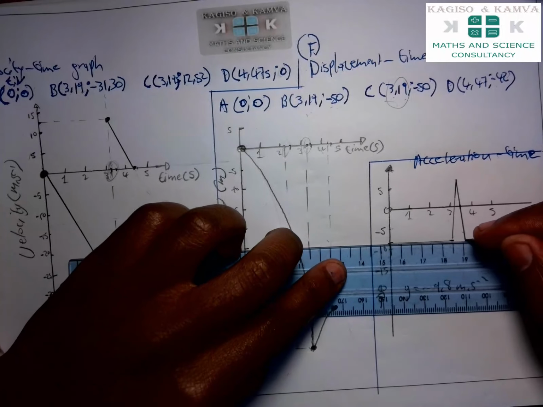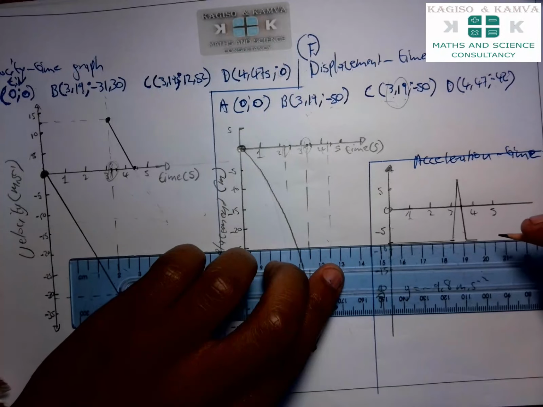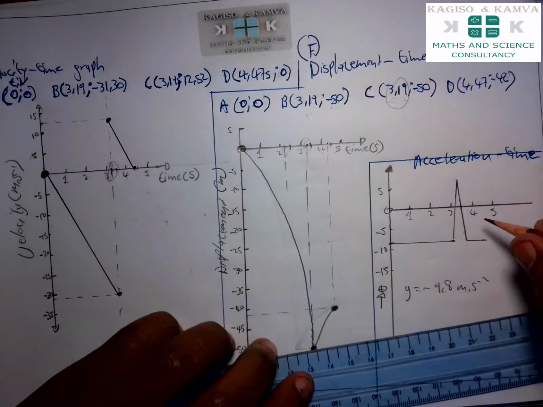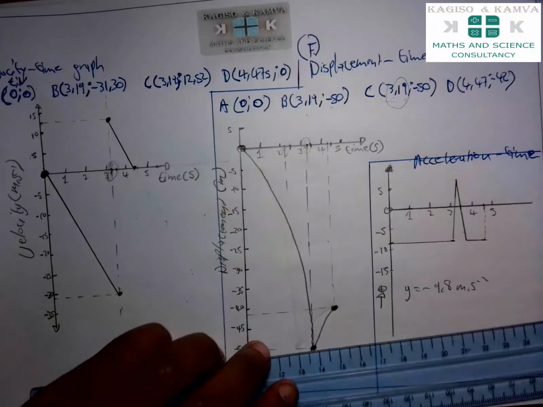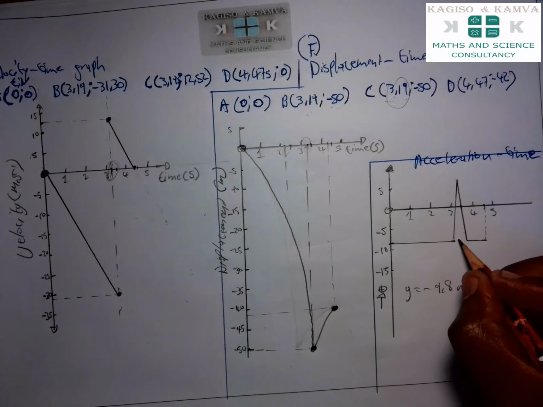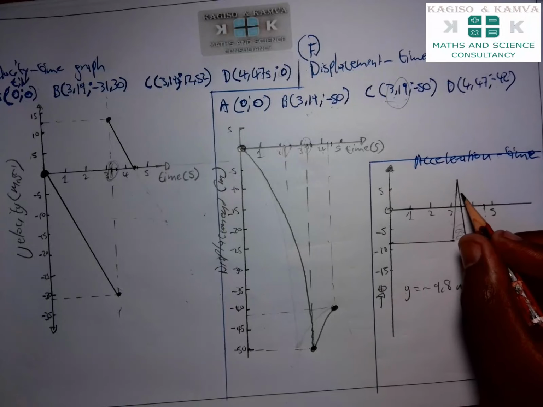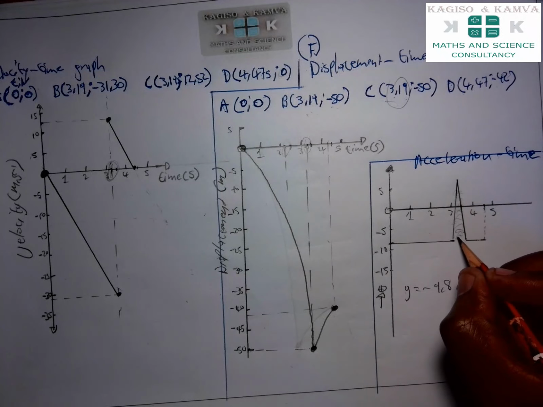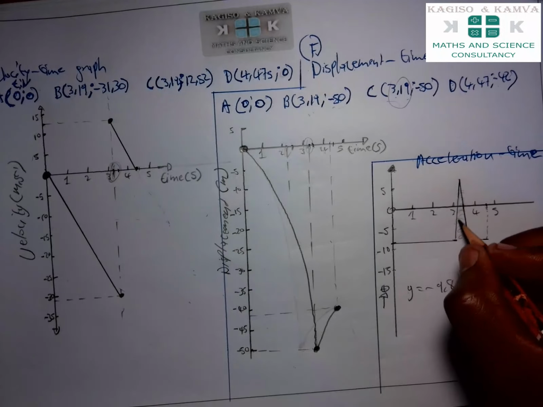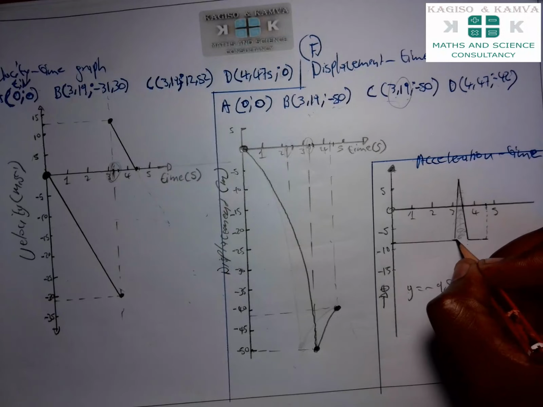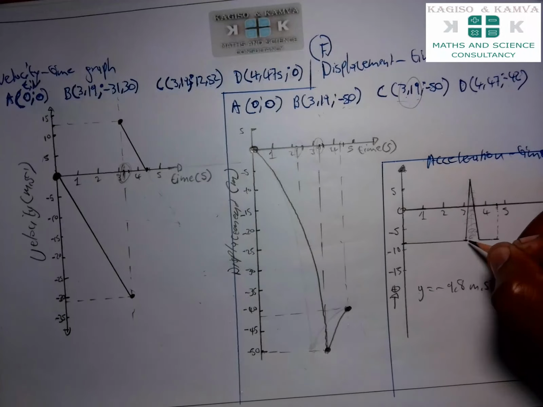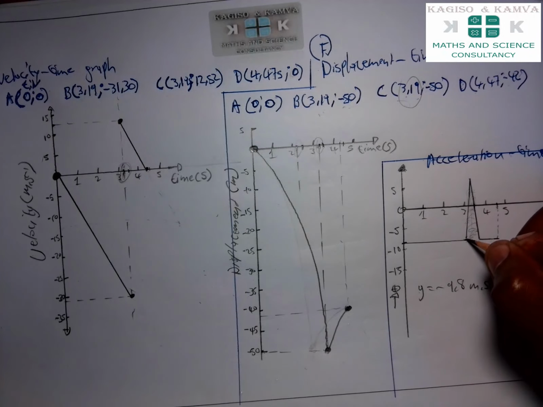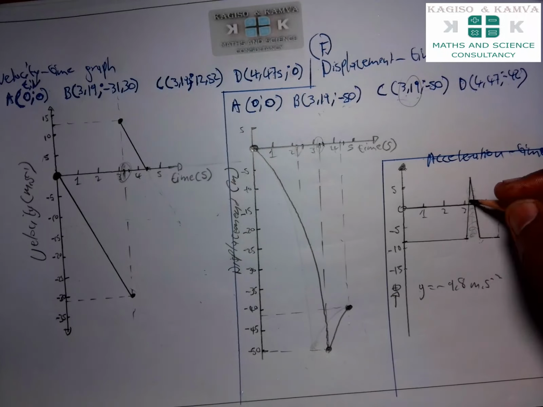So we're going to have it like this, and then it's going to end at 4.47, which is somewhere there. So this is the contact time when it was in contact with the floor, because there was a net resultant force which changed the acceleration to be positive, because there was a change of direction.